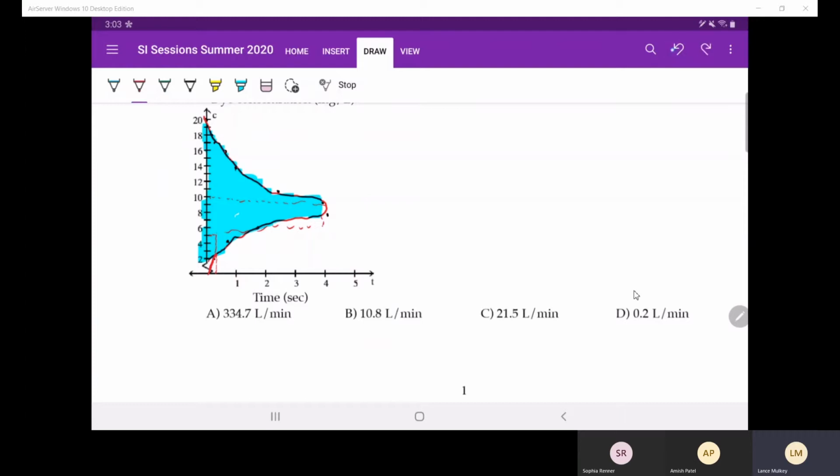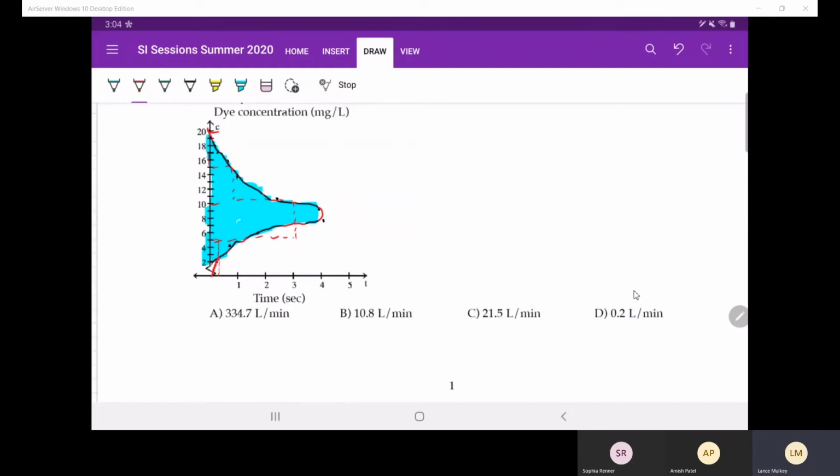I swear that's a rectangle. $15. And 20. 20 is kind of 0, but we're going to take a lower limit.